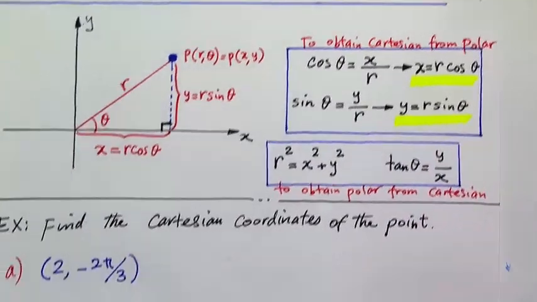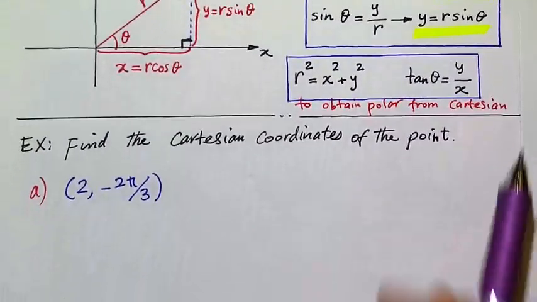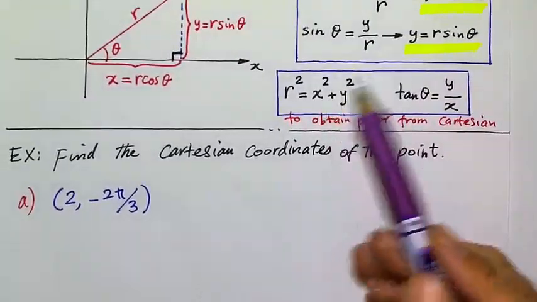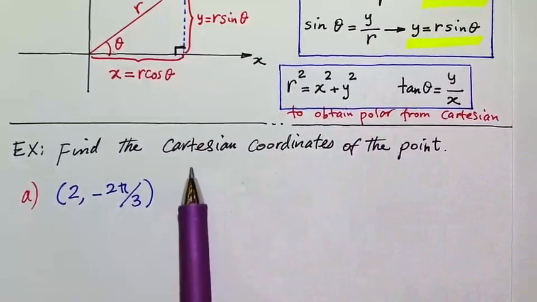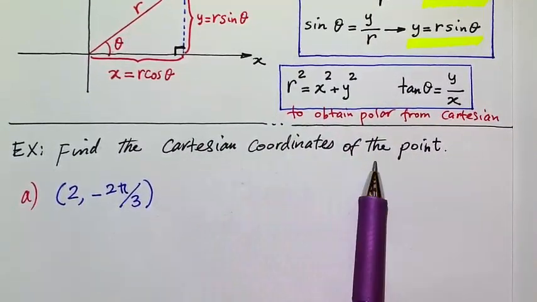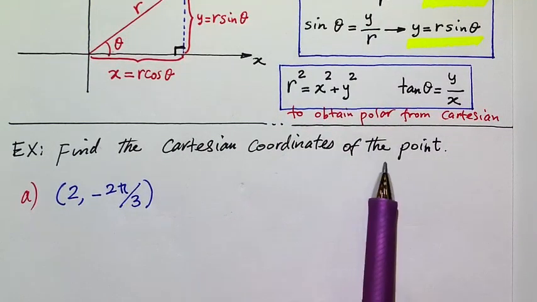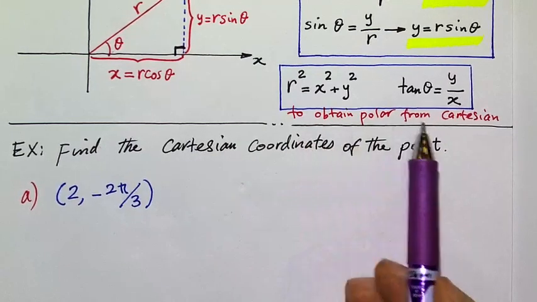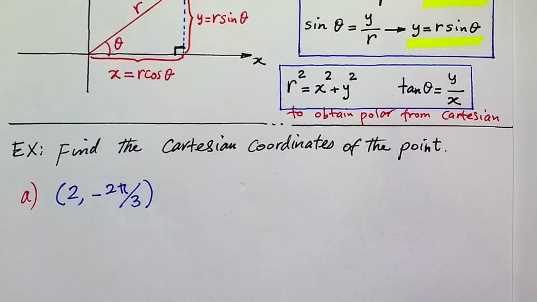One thing I want to quickly mention is that we're going to use these formulas in some way to convert from Cartesian to polar coordinates, or from polar coordinates back to Cartesian. And also we're going to use these in conjunction with finding entire equations. So we'll be doing two kinds of examples.